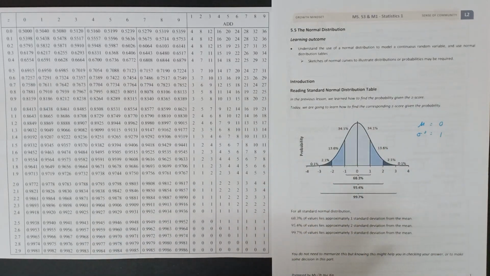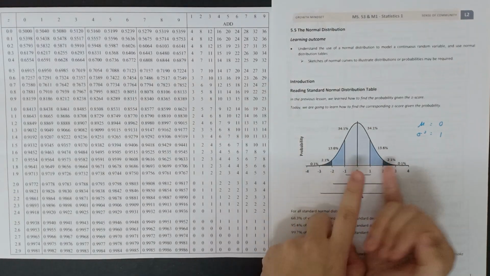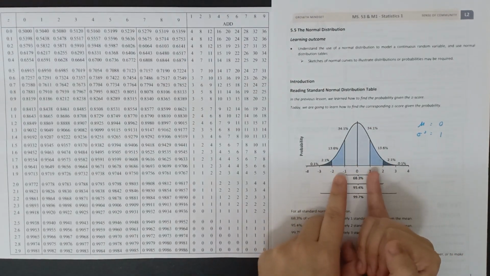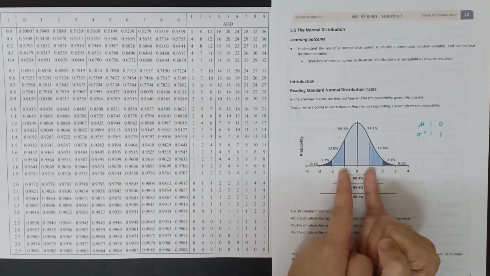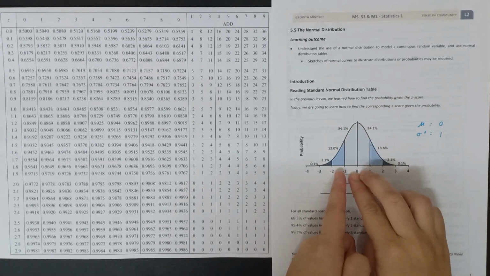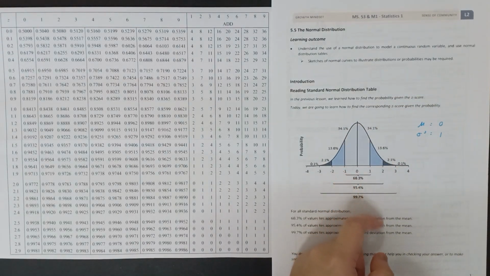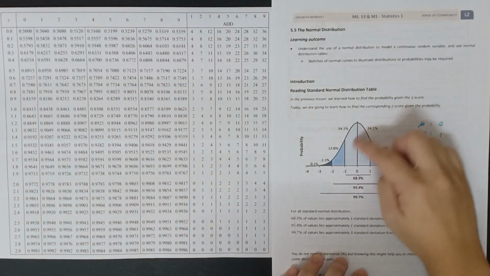You don't need to know why, you just need to know this piece of information, because it involves integration and how it is computed, and it is very difficult for me to explain. But the idea is that this is a fact. So from -1 to 1, meaning 1 standard deviation from the mean, 68.3% of your data will be in between here.